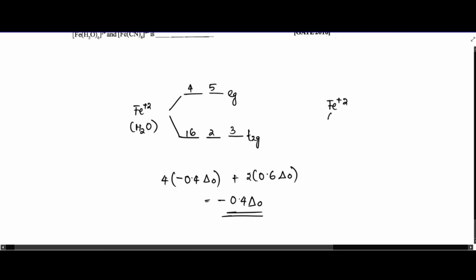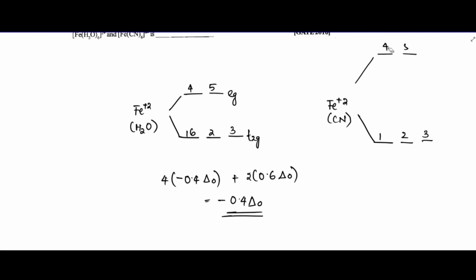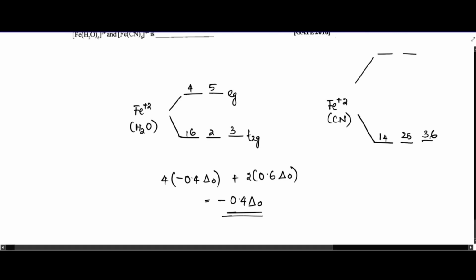Fe+2 cyanide ഉടെ കൂടെ വരുമ്പോൾ, it's going to show a very strong interaction. So it's going to be 1, 2, 3, 4. Strong interaction ആയതുകൊണ്ട് മേലേക്ക് പോവില്ല. 4, 5, 6.